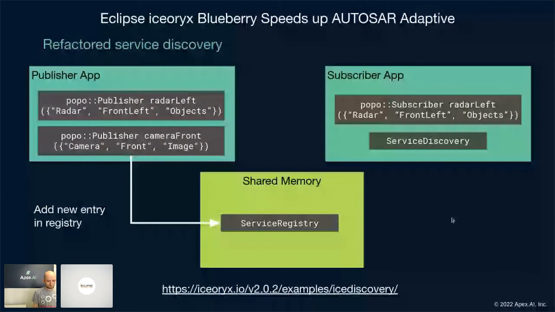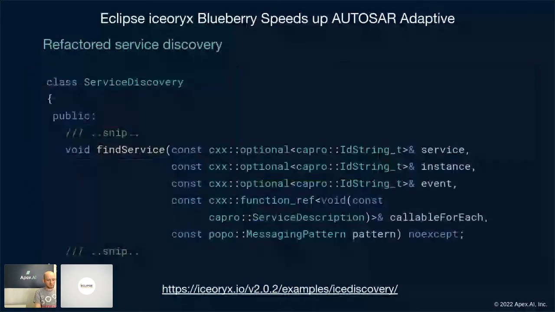All right. How does this look in the code? So here's just an excerpt from the service discovery. You can see there's this find service call. The first three arguments are strings. They are optional because, of course, you can use this to do a wildcard search. The fourth one is a callable, which is called for each search result.